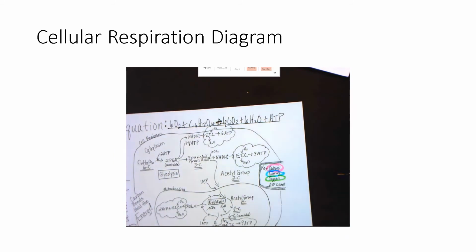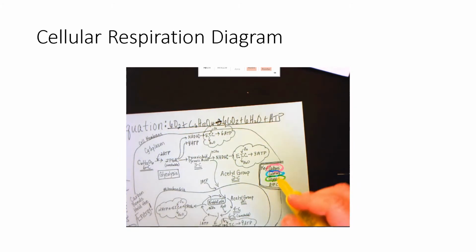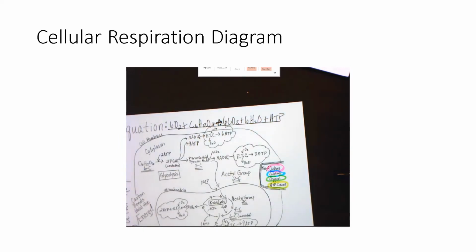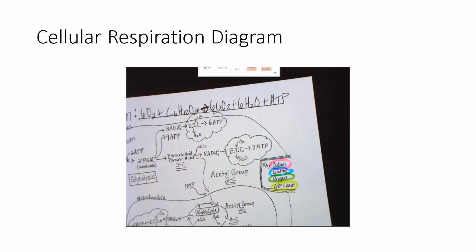And then anytime I'm talking about ATPs, I'm going to do that in yellow, which looks quite fluorescent up there. So you're just going to need to pay attention to your own code as we go through, because like I say, yours isn't like mine necessarily.